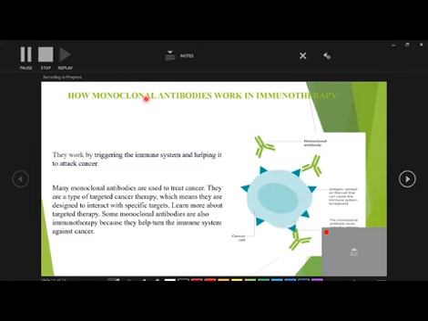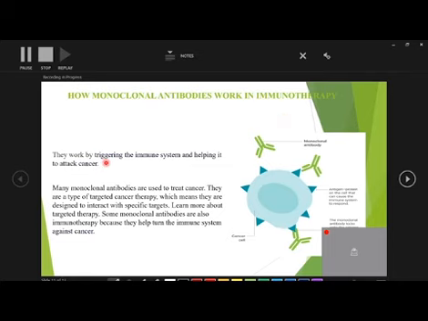We have also monoclonal antibodies, which are very crucial. We have three applications of these monoclonal antibodies. One of them is immunotherapy, where we require immunotoxins.